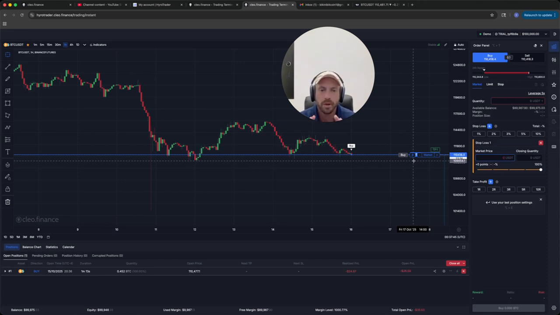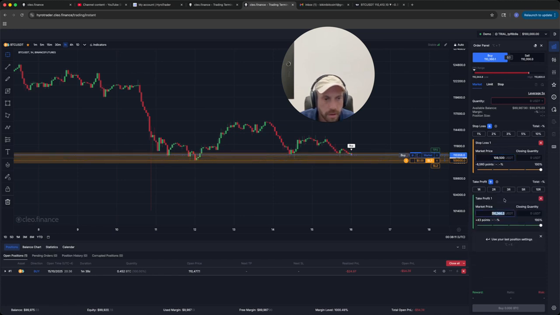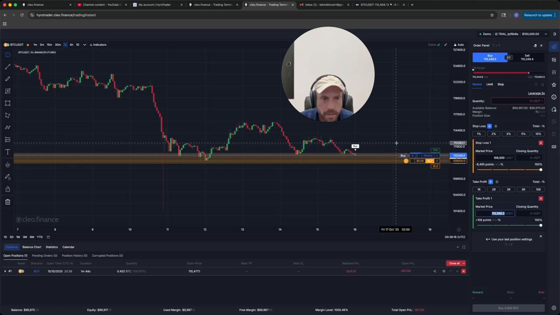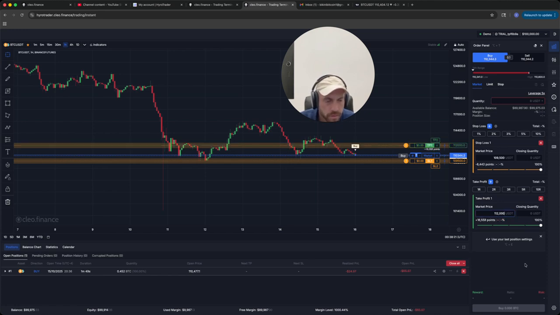When you're really confident about a trade, you can keep a very wide stop loss and kind of eat the loss while you're waiting for it to go in your direction. But in this case, I'm not that confident in it, so I'm going to put 109,500 as my stop loss. And then for my take profit, I want to see Bitcoin go back to these levels and reclaim 112. So I'm going to put 112.